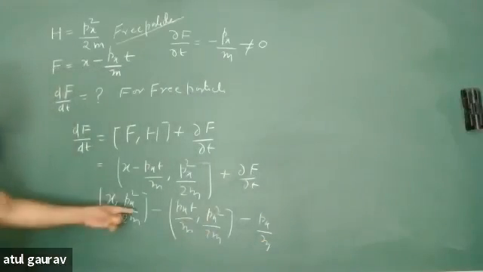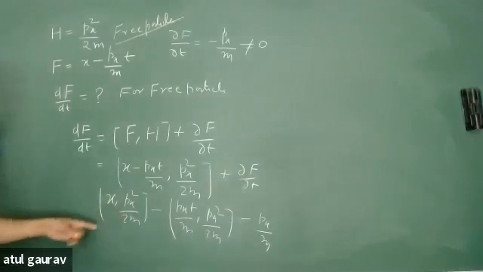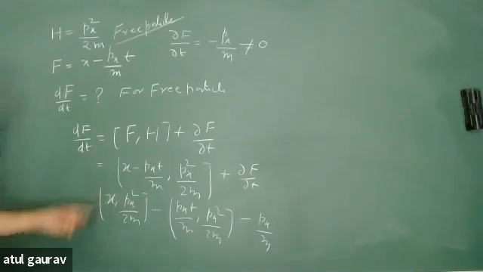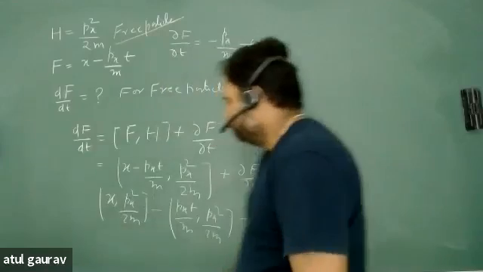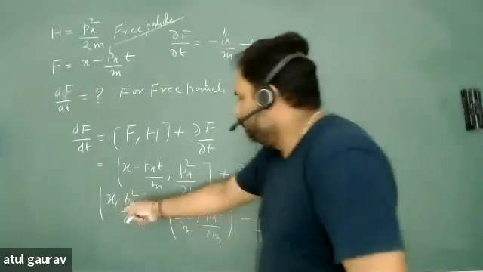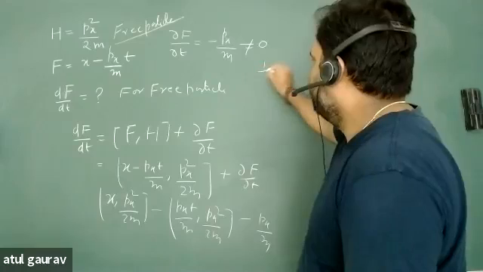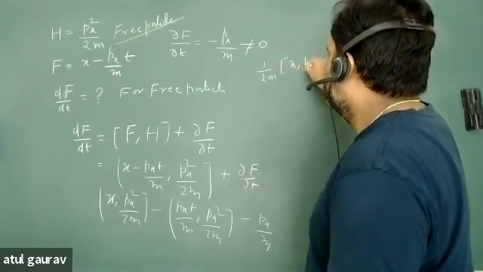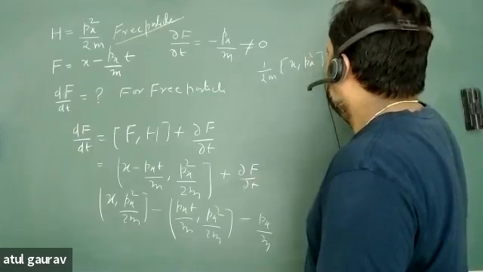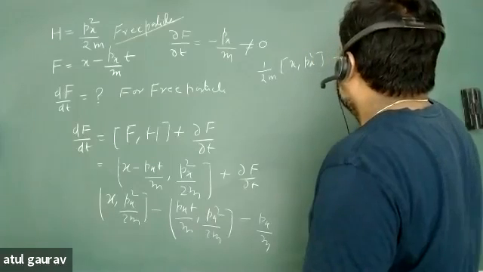This term is 0, and we can just calculate this particular term: {x, px²/2m}. So I can take 1/2m common. We have {x, px²} minus px/m.